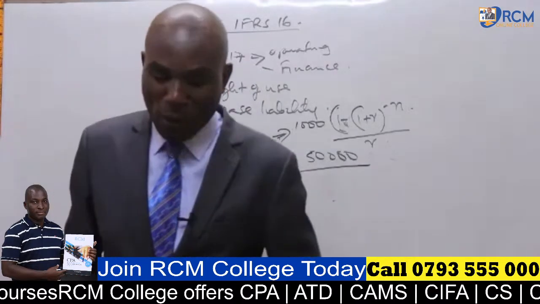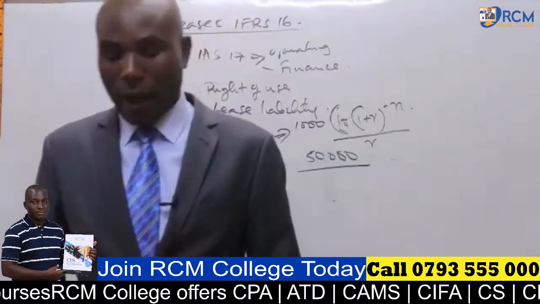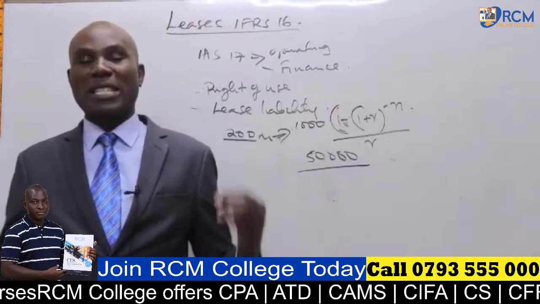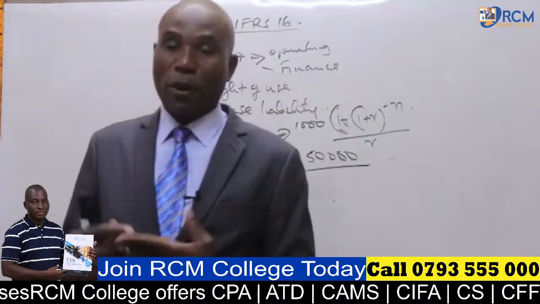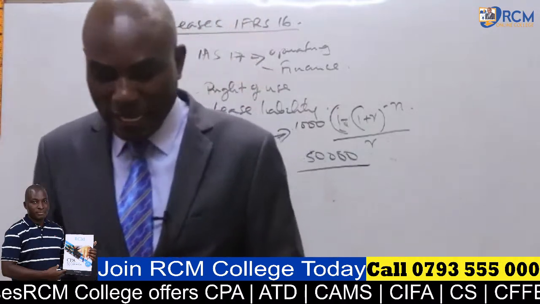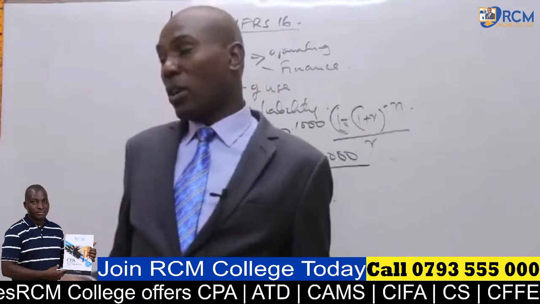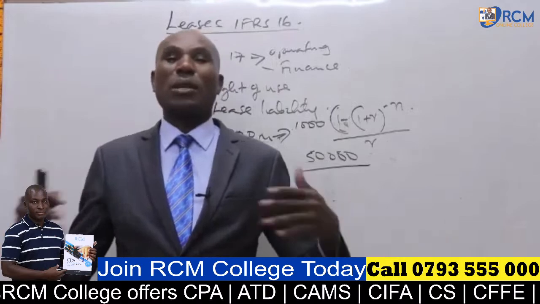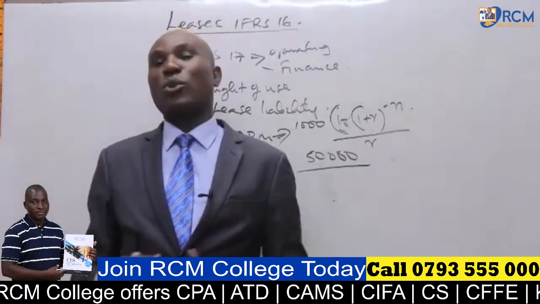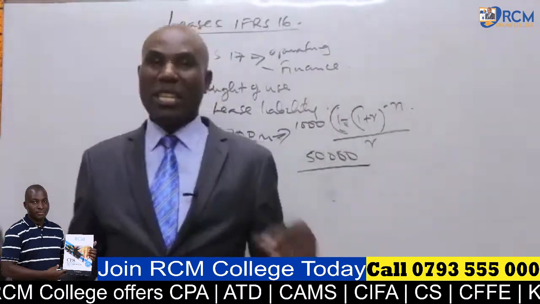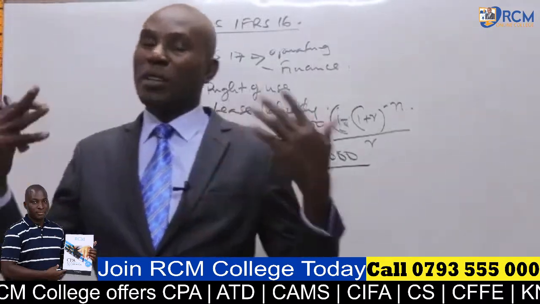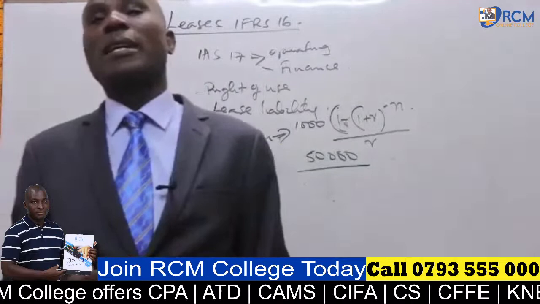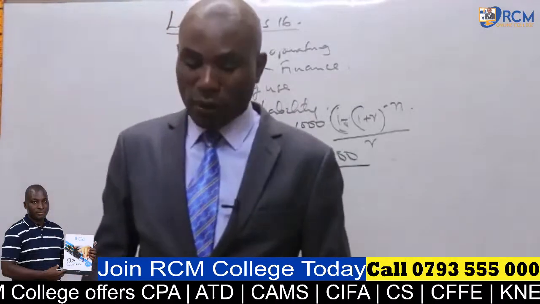Number one, you take first the lease liability, then you add any direct cost that the lessee is paying before commencement, then any dismantling cost. For example, if it is a big asset, you need to transport it. Therefore, you dismantle the asset, transport it, and assemble it; all those costs you are incurring will be part of the right of use.